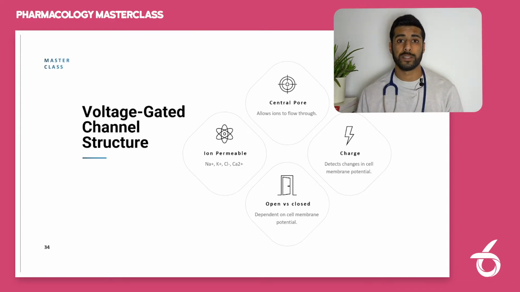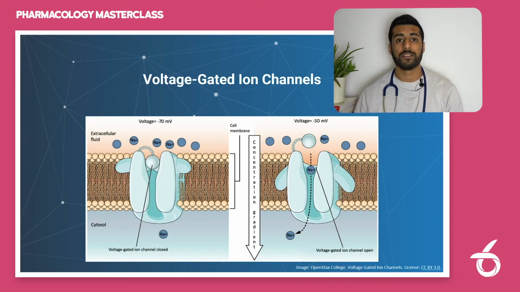That's quite important to compare and contrast to the other receptor types. And as you can see on the previous diagram, there's normally some sort of structure which physically blocks ions from moving through. That's quite important to visualize, because it can help you understand how these ion channels actually work.